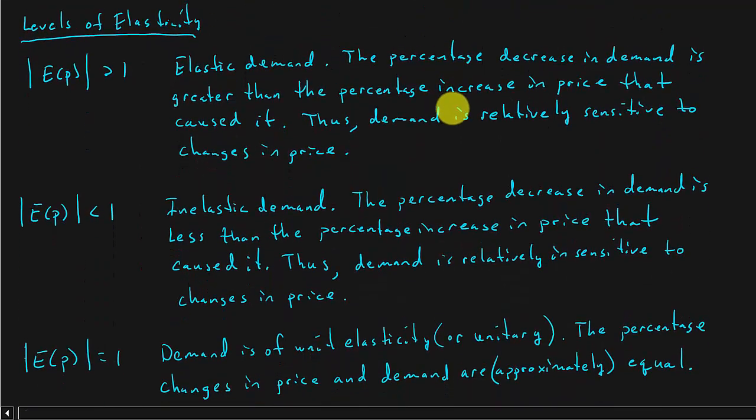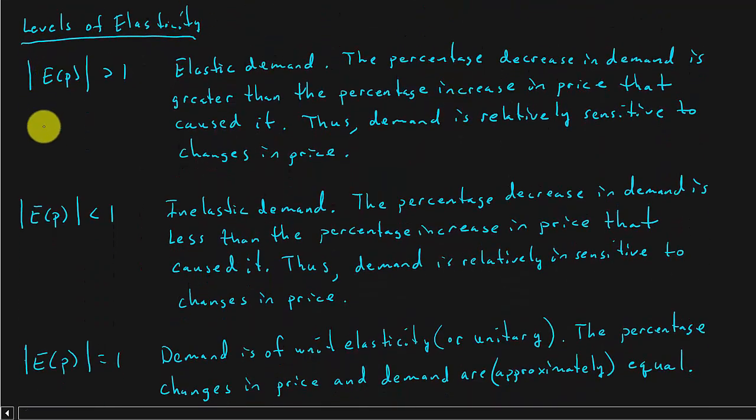And then I have levels of elasticity. If the absolute value of E of P is greater than 1, we have an elastic demand. The percentage decrease in demand is greater than the percentage increase in price that caused it. Thus, demand is relatively sensitive to changes in price. And if it's less than 1, it's inelastic demand.